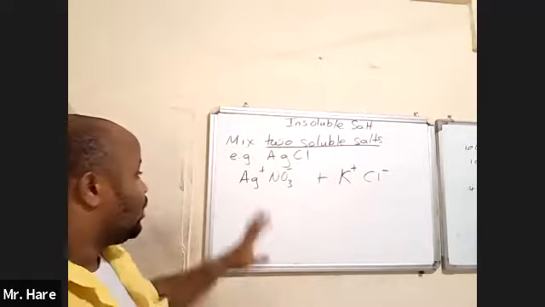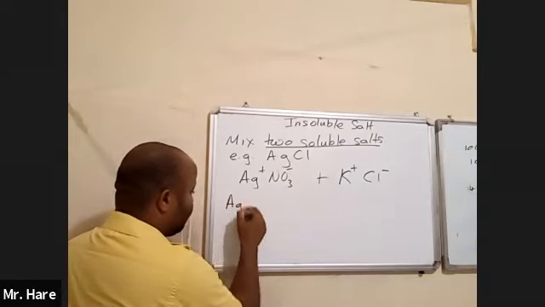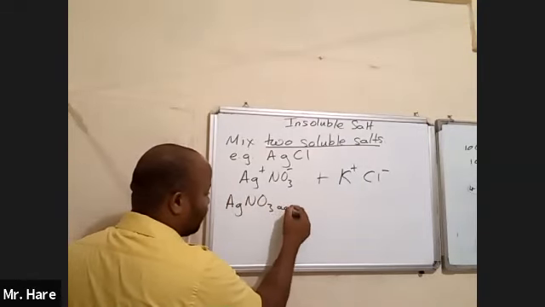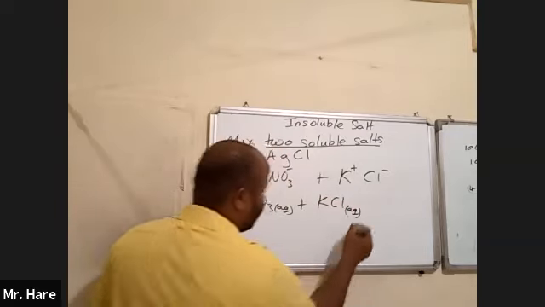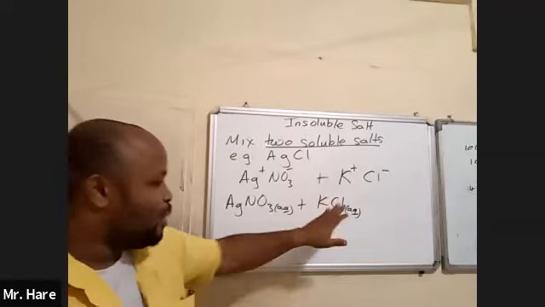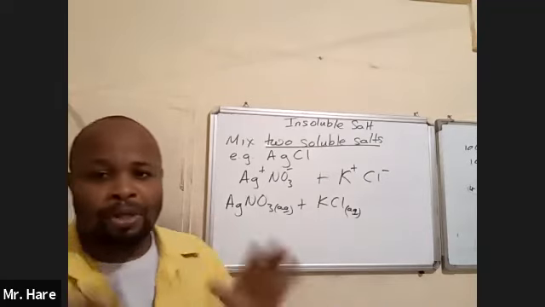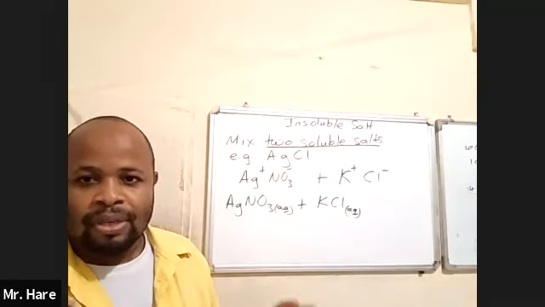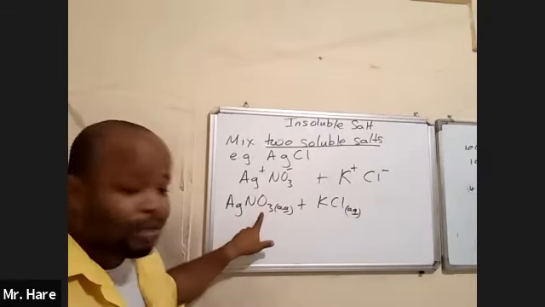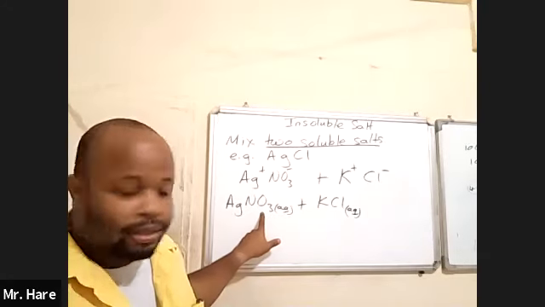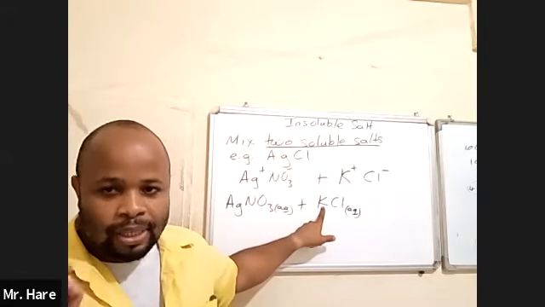So the two salts that are soluble are silver nitrate and potassium chloride. Each salt, one must contain the chloride ion, one must contain the silver ion, but they must be soluble. That is why I am using nitrate, because I know the nitrates are soluble. And I know the potassium ion is also soluble. It doesn't matter which salt it is in.